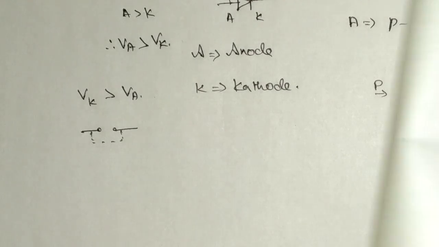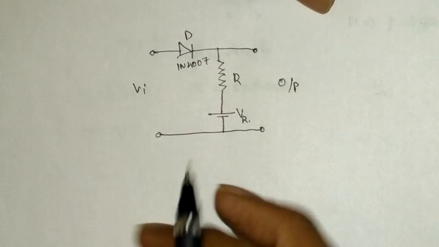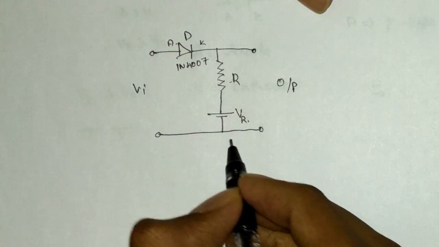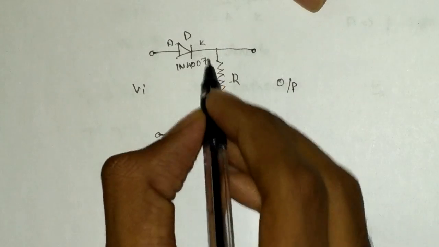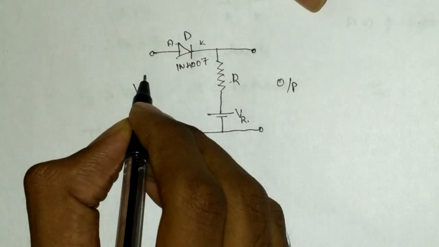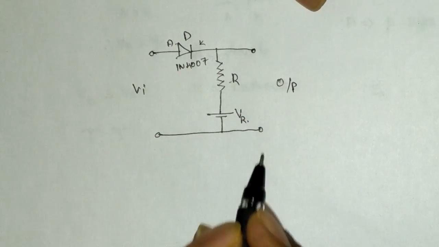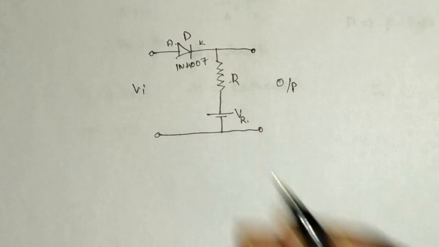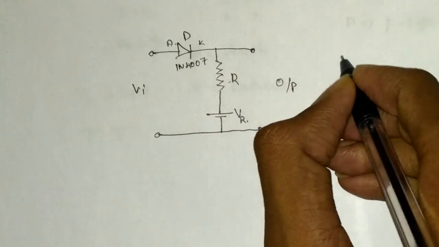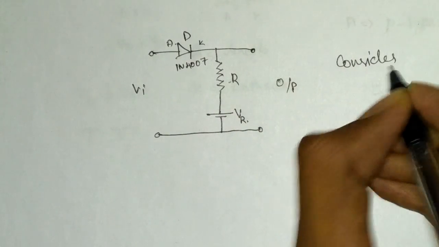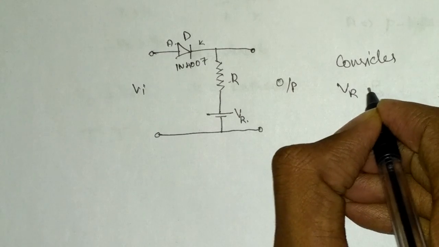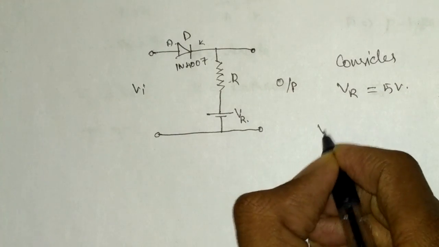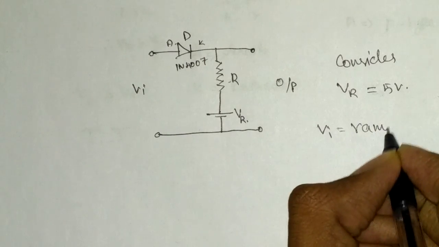So we can go again to the diode comparator circuit diagram. This is the cathode, this is the anode. The reference voltage VR should be lower than Vi to make the diode in the on state, or short circuit state. So consider VR as 5 volt and Vi as a ramp signal.